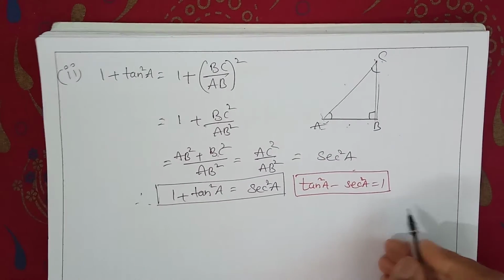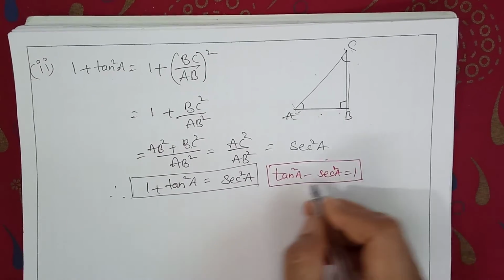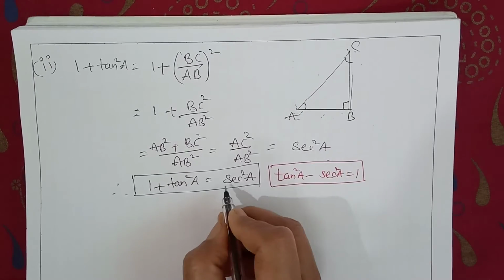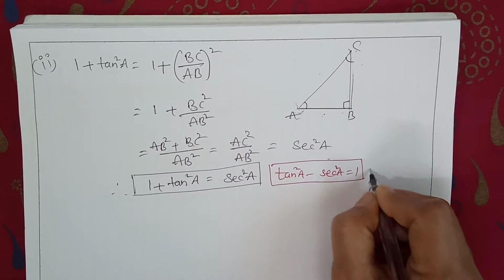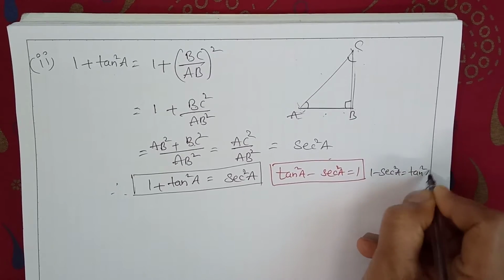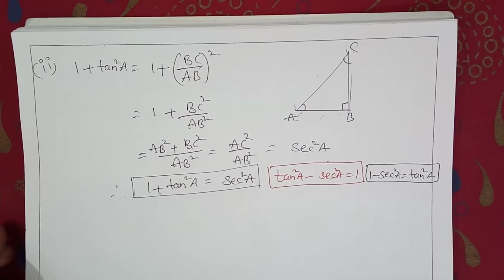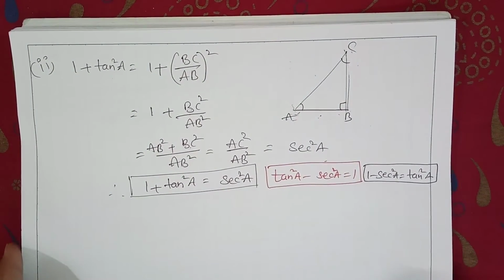One more relation from this only: sec square A minus 1 is equal to tan square A. So these are the three relations among tan and sec.